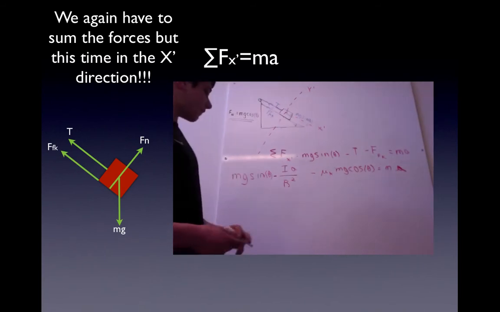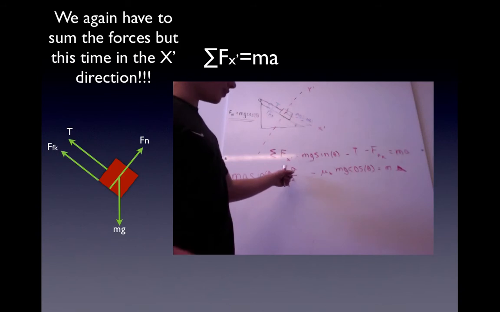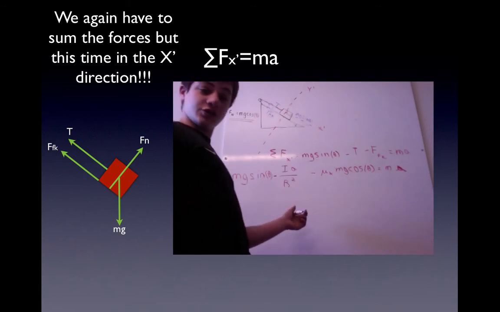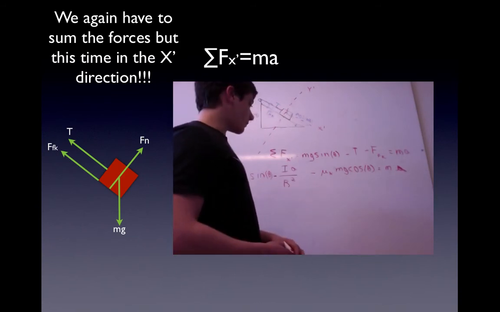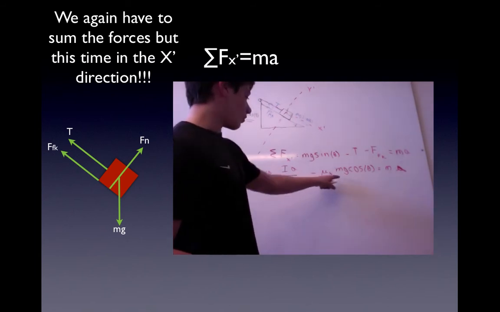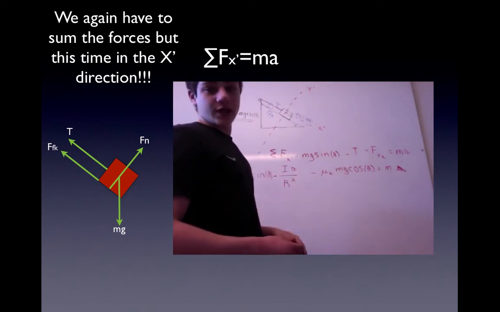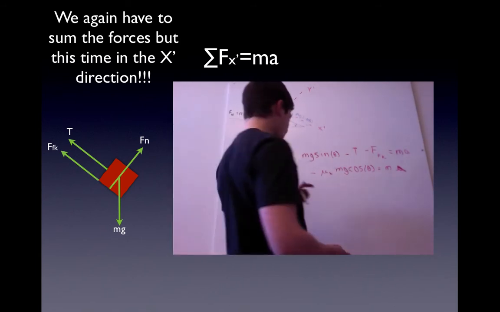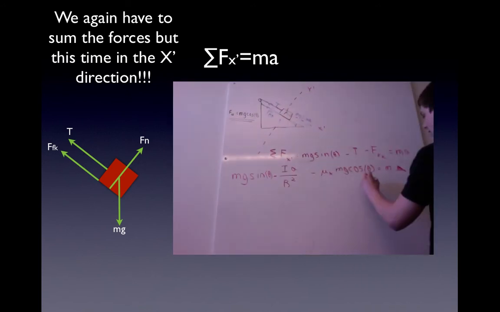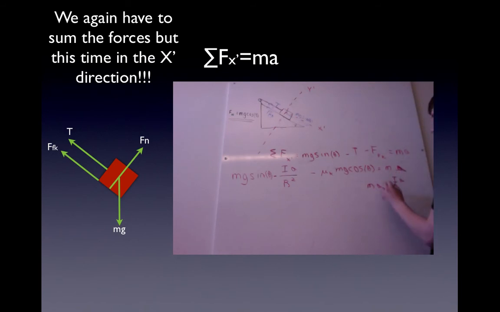To further simplify that, we're going to move the tension, our newly plugged-in IA over R squared, to the other side, and factor out what we're left with as best as we can so we can eventually solve it. So ma plus IA over R squared is going to be our left side.